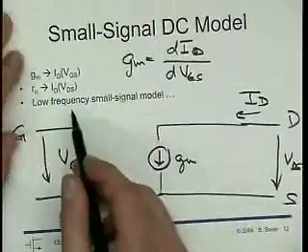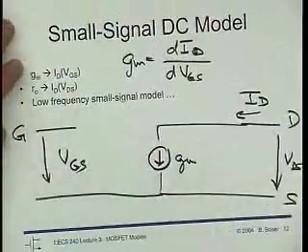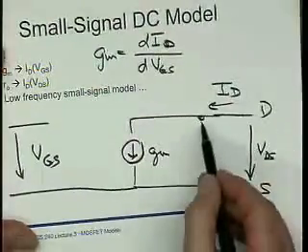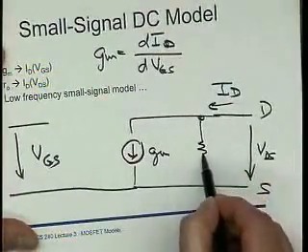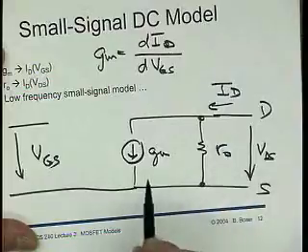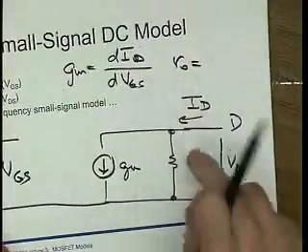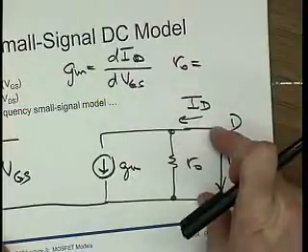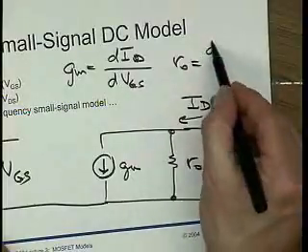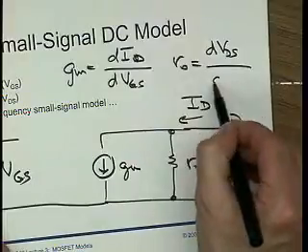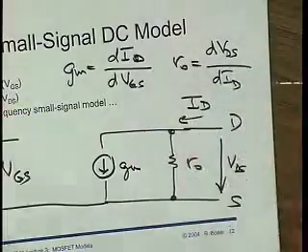Okay, and the other thing that also matters in the DC model is that as we change VDS, the current changes also a little bit, unfortunately, and that's our Rout, which is also given by a simple equation. If I change the voltage, the current shouldn't change, but it does, so dVDS over dID, or 1 over that.